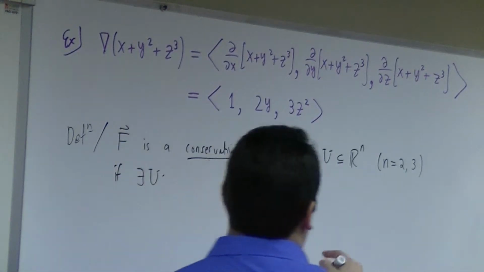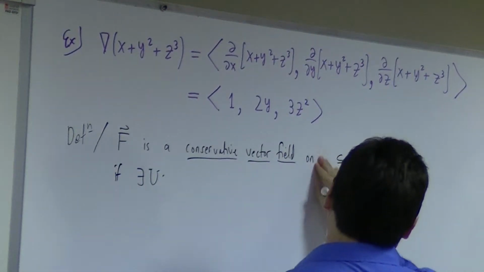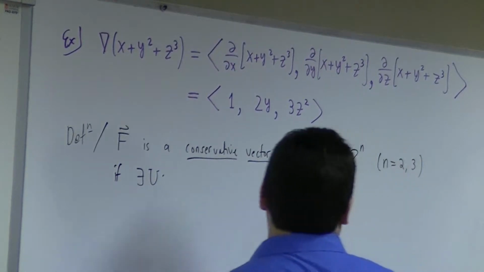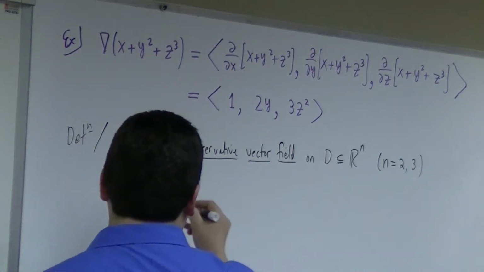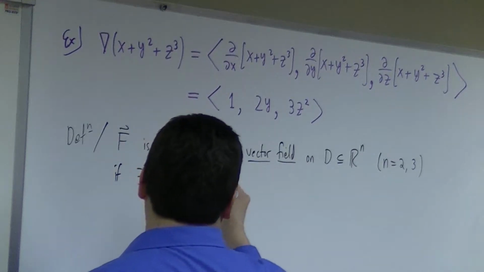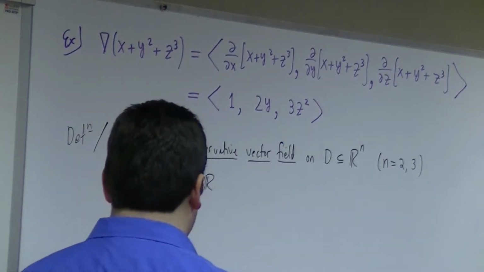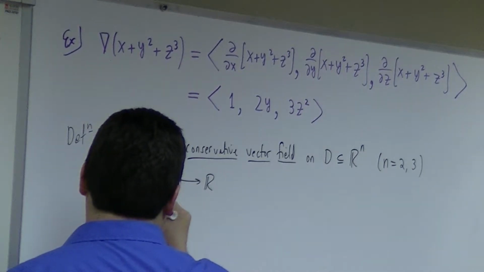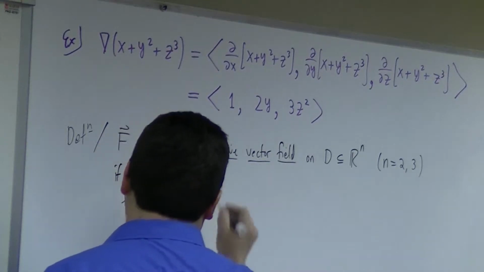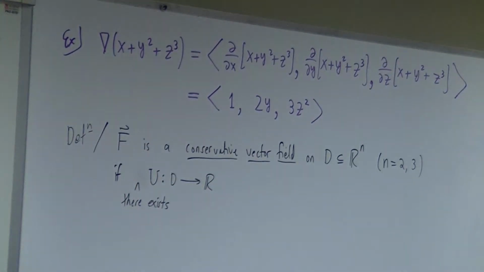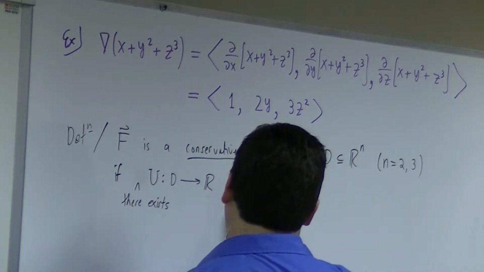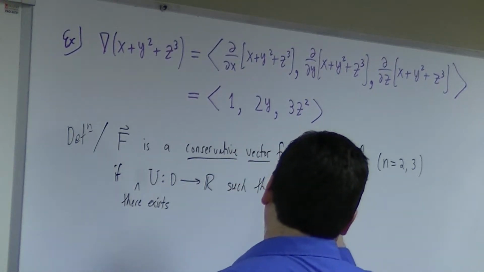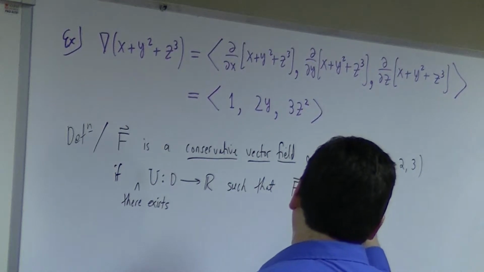I need to do something else for this letter here. Let's say D for domain. So if there exists U, which is a function from D to the reals. Oh, sorry, this is a physics course. I'm not allowed to use that symbol. There exists. You guys know what English means. I'm safe for that. If there exists U from D to the reals, such that what? The force is equal to minus the gradient of that U.